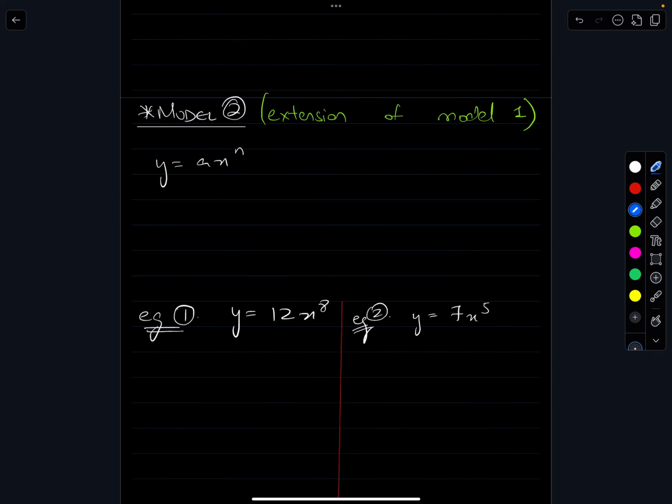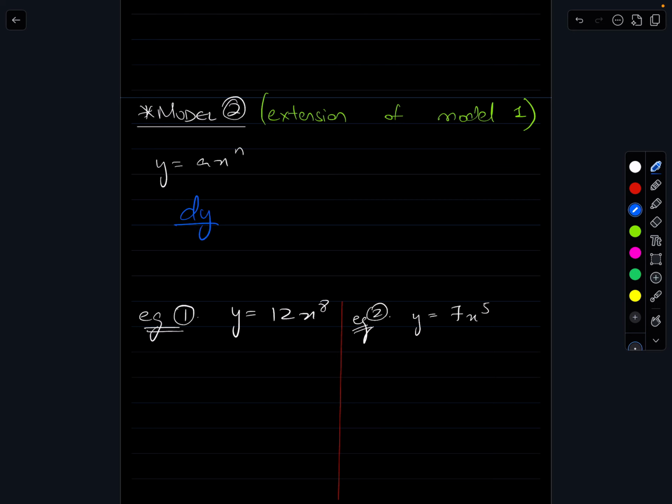Now model 2. It's the same thing again, except for the fact that we are considering a coefficient this time with a variable, with a power. The concept remains the same in this case too.